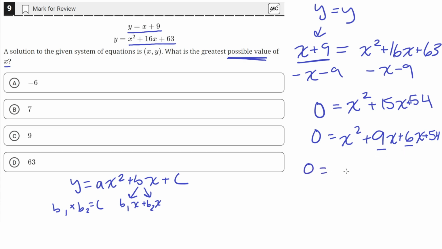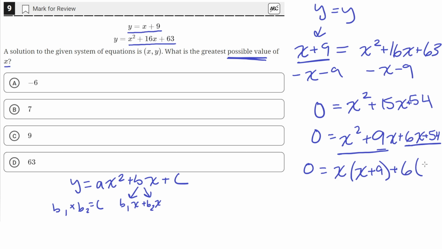So let's do that now. So from the first two terms, we can take an x common out. So we can take an x times x is x squared, and then plus 9. And then from the second two terms, we can take a 6 common out.